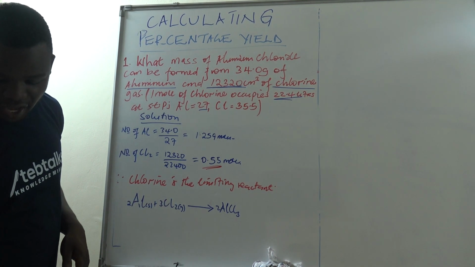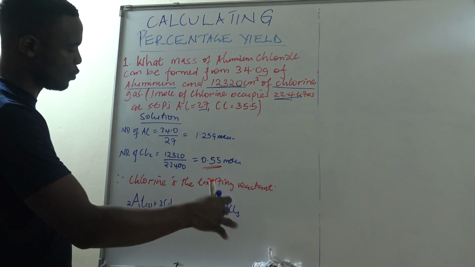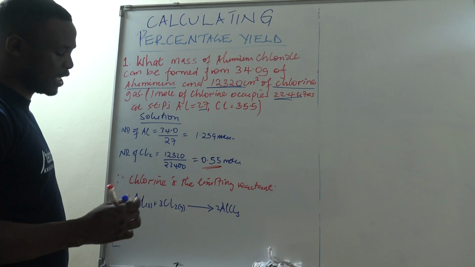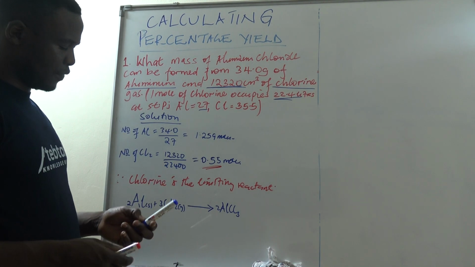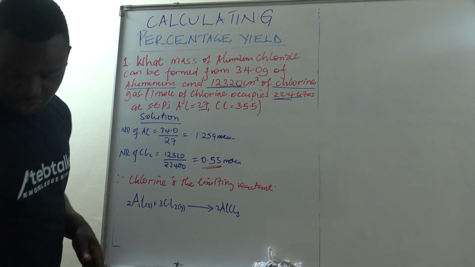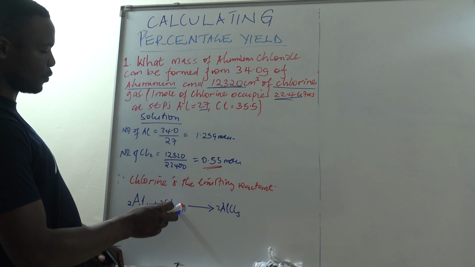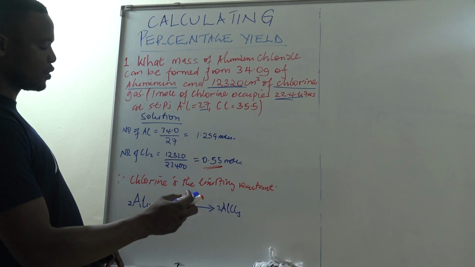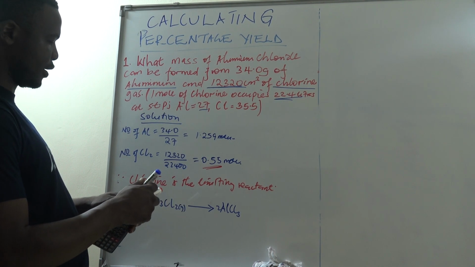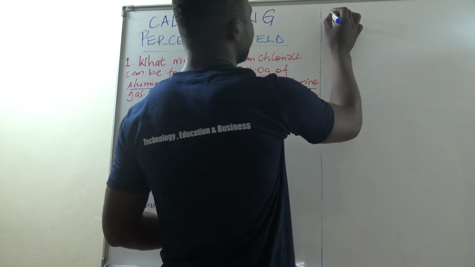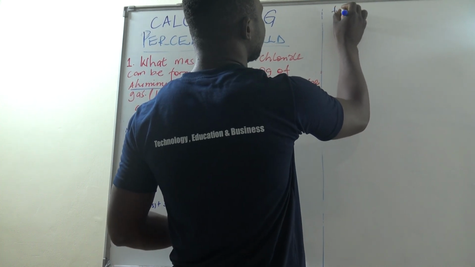You can use any interpretation you're comfortable with here. Whichever interpretation you're comfortable with, it will still lead you home. Now, let me use this interpretation that 3 moles of chlorine produce 2 moles of aluminium chloride. That is what we are seeing from the equation of reaction.